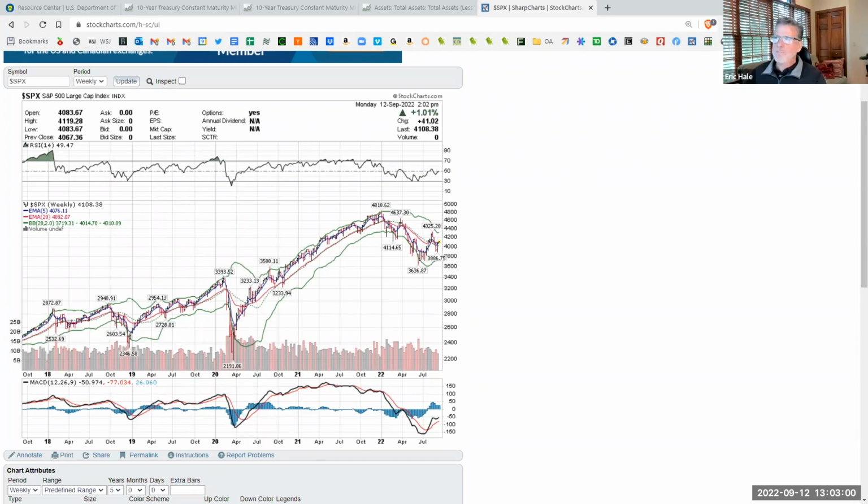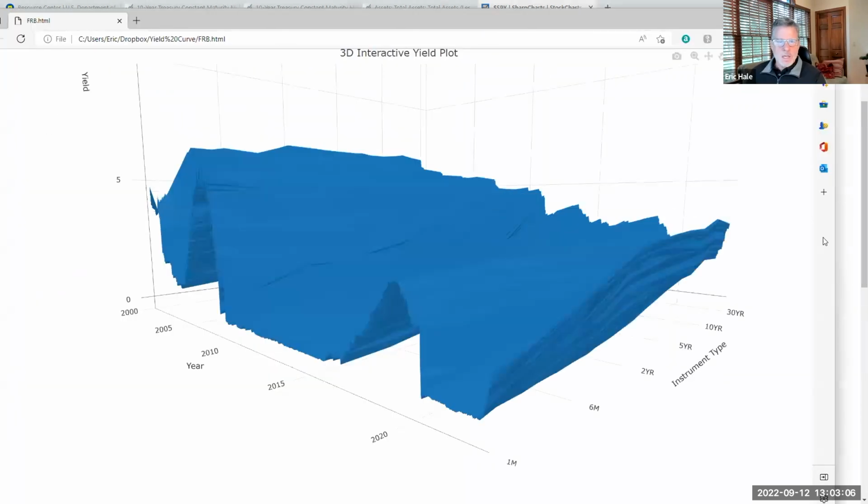But I think it's helpful from the yield curve to look at this chart that I put together using some statistical software called R. R is able to crunch a lot of data, and this file right here is 10 megabytes. It just about brings my computer to its knees, but it's pretty neat.